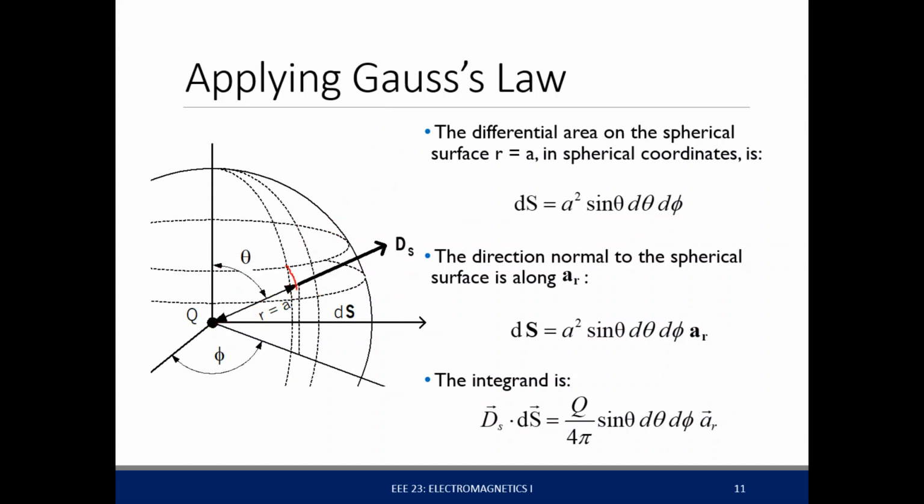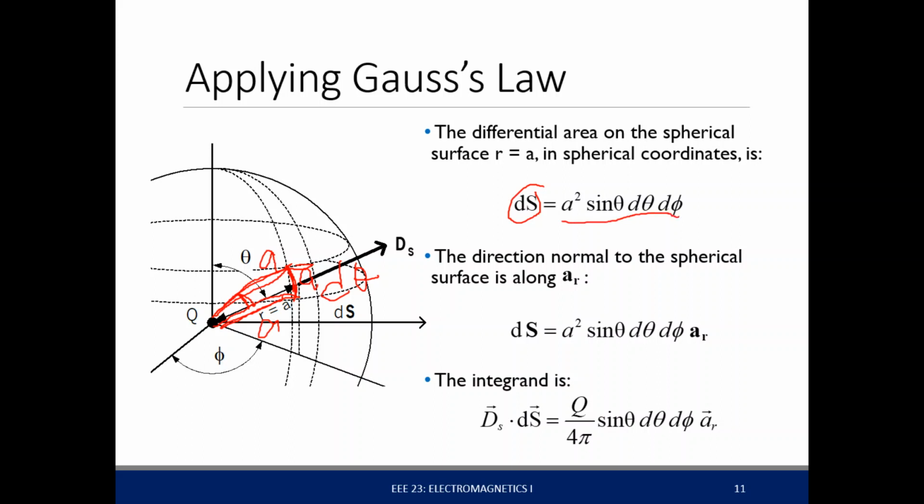This one is also an arc length right here that is defined by this arc here. Both of these lengths are of radius a, and it has a differential angle d theta. Therefore, this is a d theta. So this is your differential arc length, and you multiply it with this differential arc length here, which is a sine theta d phi. You'll get your differential area in the a_r hat direction.